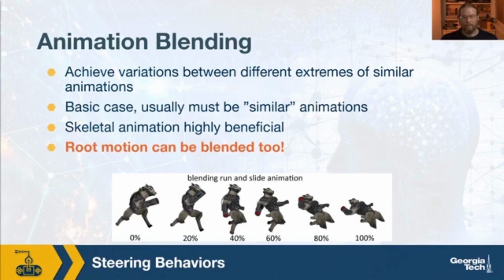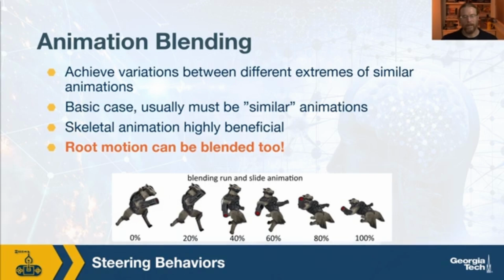Now, so far what we've seen with steering behaviors is that we are defining the movement of the agent programmatically. We've written code to update the position and the rotation, and then we're updating the velocity according to these steering forces that we're calculating.